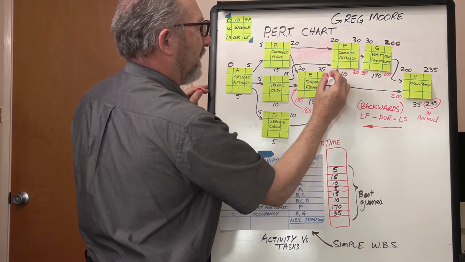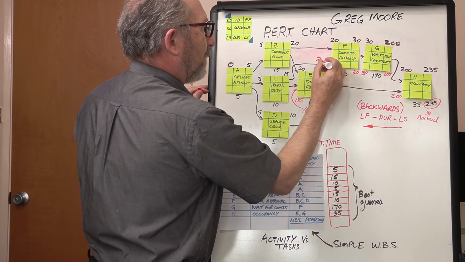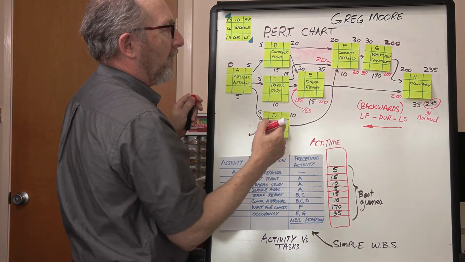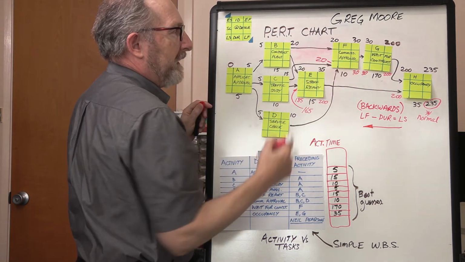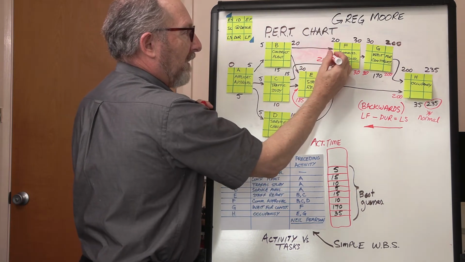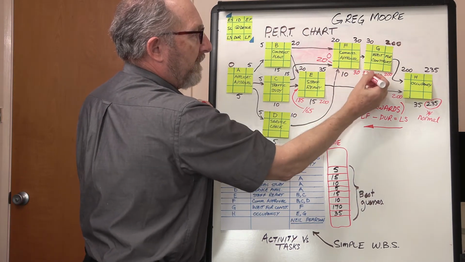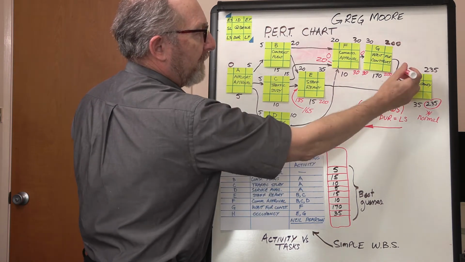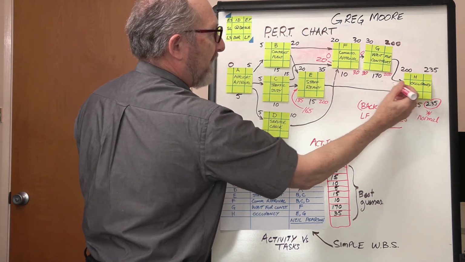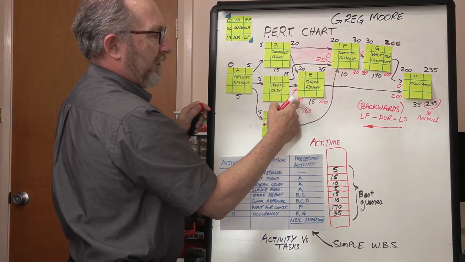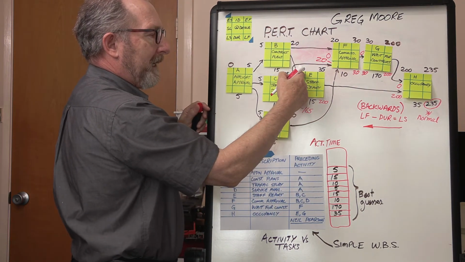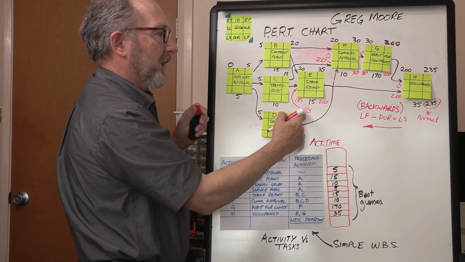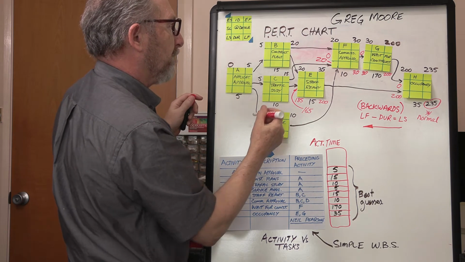How can I squeeze that in? 20 in this square here. 20 and 20 are the same, so there's no slack time in that. 30, 30, same, 0 slack time there. 200, 200, same, 0 slack time there. As we saw, 185, 20, big difference, 165 days of slack time. That can be moved around quite easily.